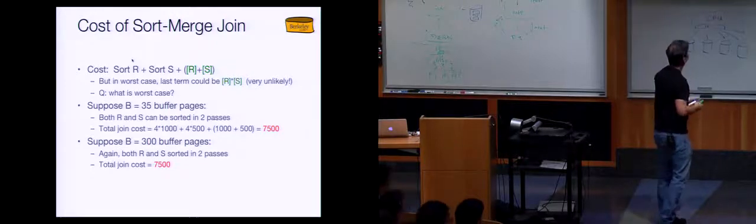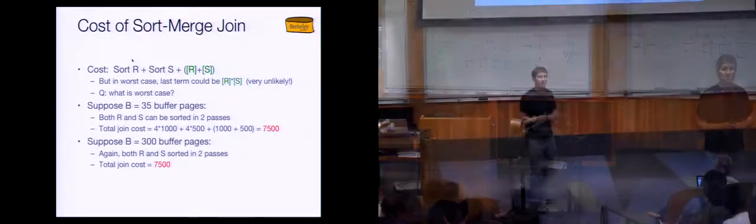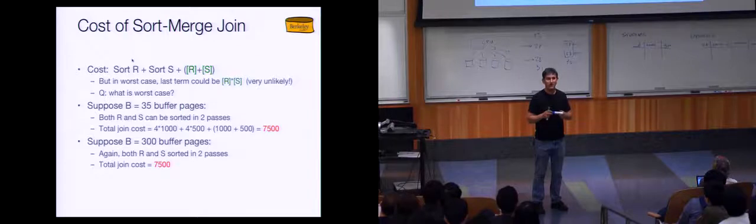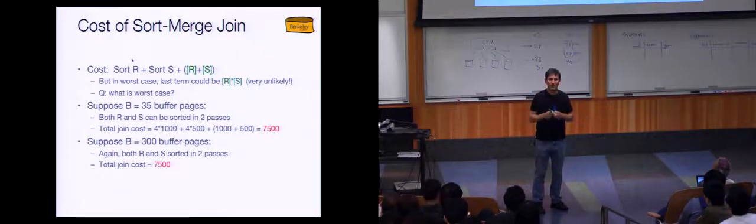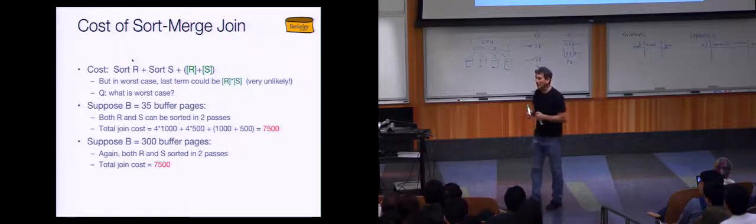Okay. What's the cost of sorting R in IOs? I guess I'm looking for an actual equation for the cost of sorting R. Yeah. 2n log n. Oh, good.